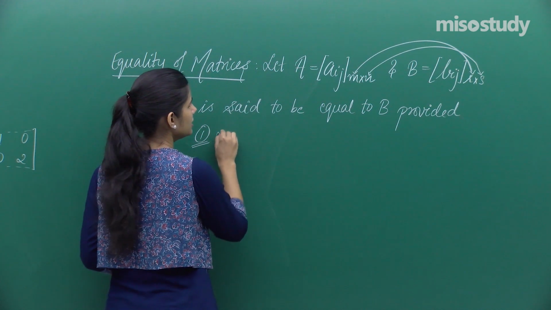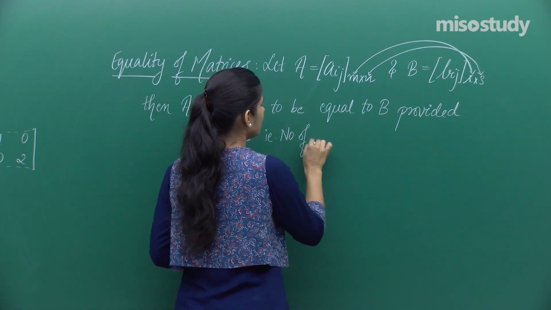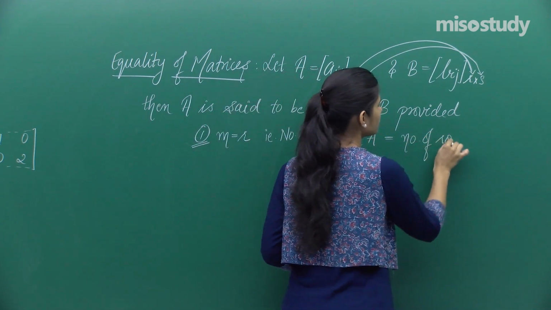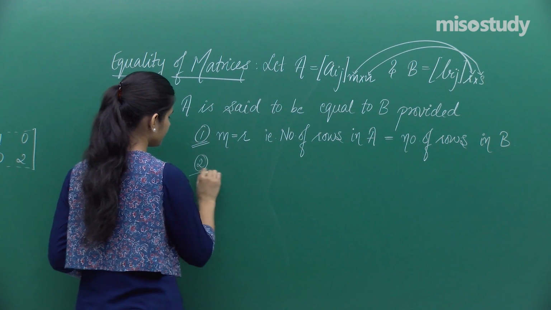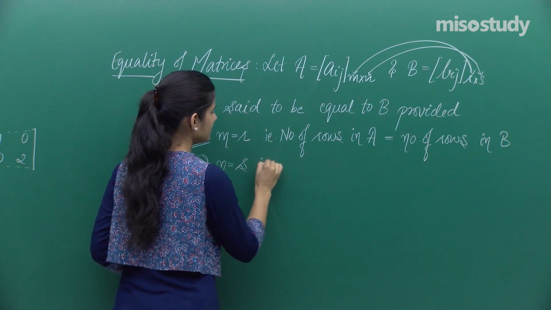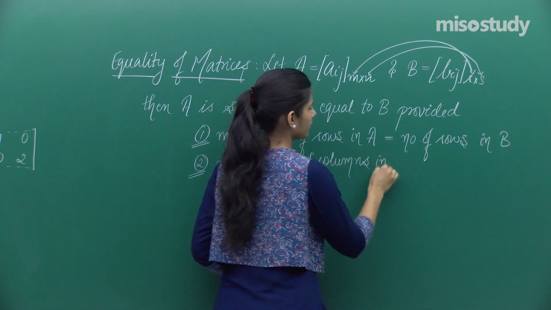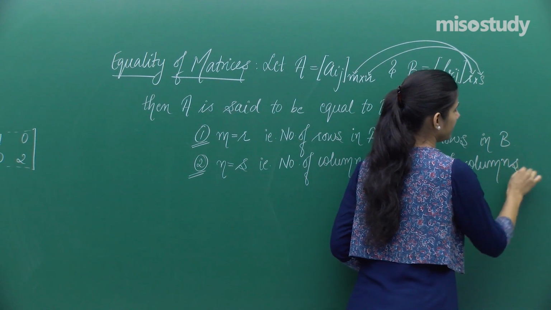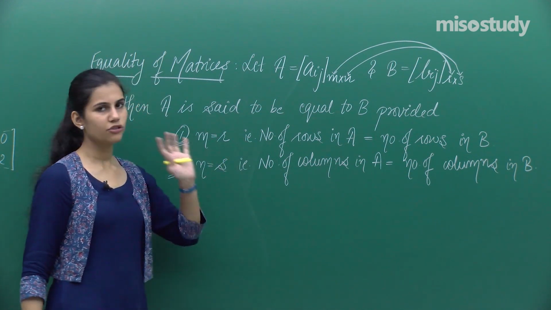So, the first condition is that m should be equal to r, that is, the number of rows in A is equal to the number of rows in B. Next, n should be equal to s, that is, the number of columns in A should be equal to the number of columns in B. Number of rows in A should be equal to number of rows in B, number of columns in A should be equal to number of columns in B.